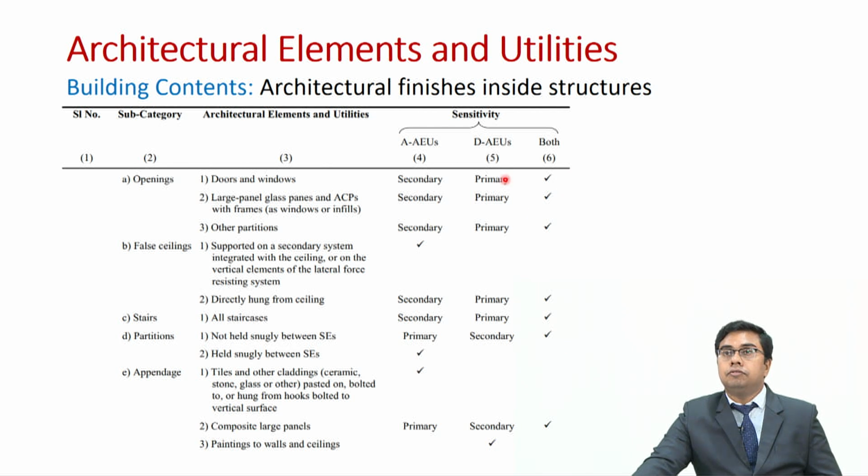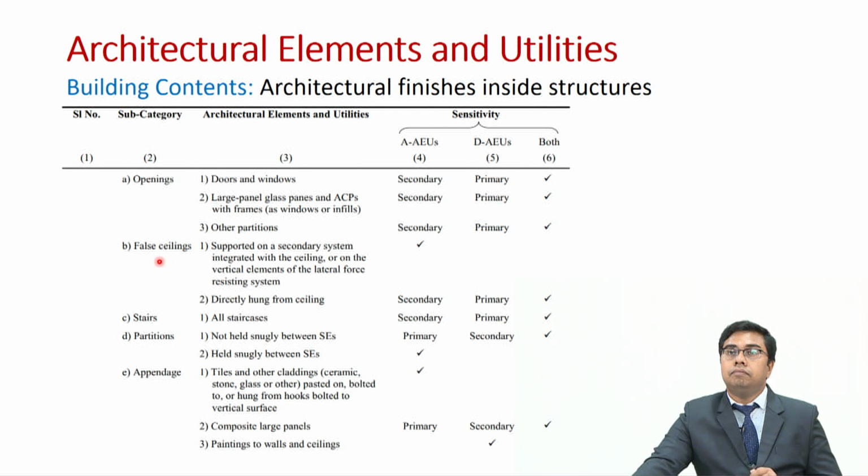So they will be classified as primary and secondary. By primary and secondary I mean that these doors and windows are ADAEUs, but primarily they are deformation sensitive and secondarily they are also acceleration sensitive. So if you have to classify it in only one category, the primary action is that they are sensitive to the deformation. So they are more of flexible nature.